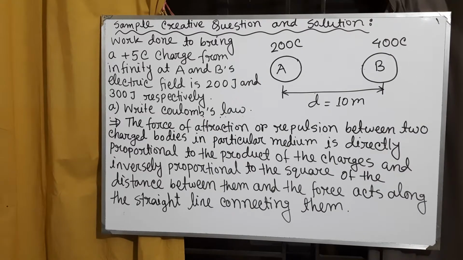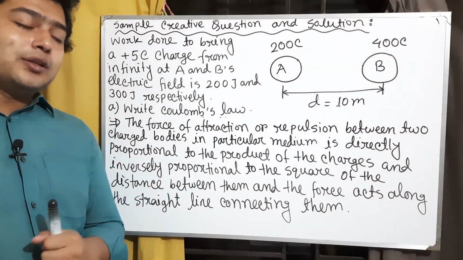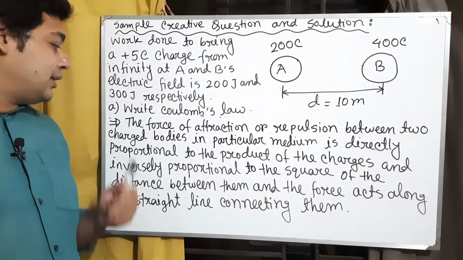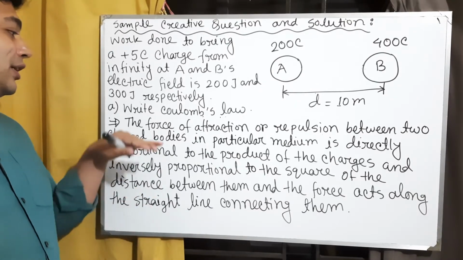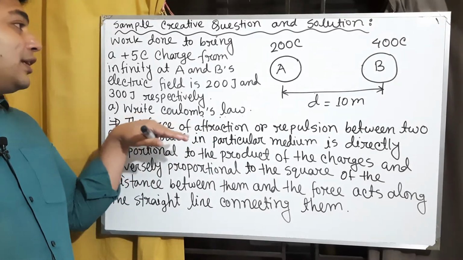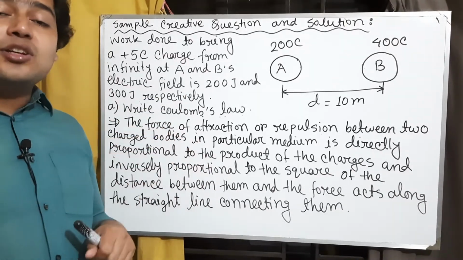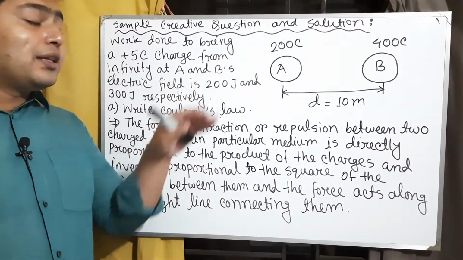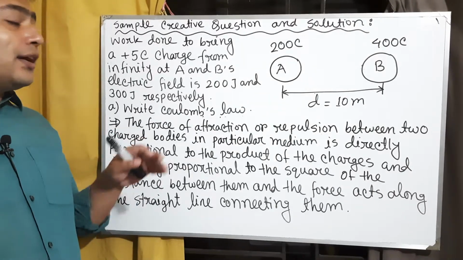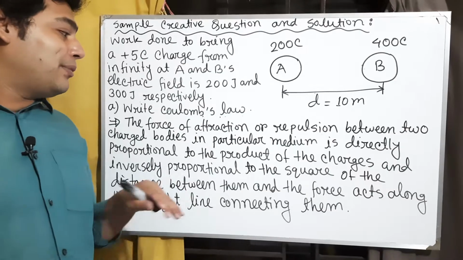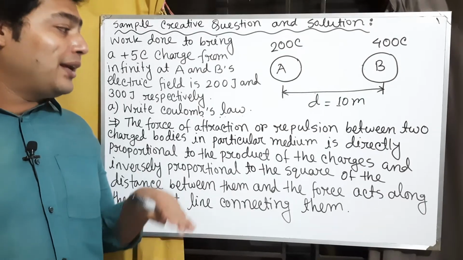So my dear boys, our question A is, write Coulomb's law. Coulomb's law is about the force of attraction or repulsion. Here you must remember that the force between two charges may be attraction or may be repulsion. If the two charges are the same kind, then the force will be repulsion, and if the charges are opposite, then the force will be attraction.